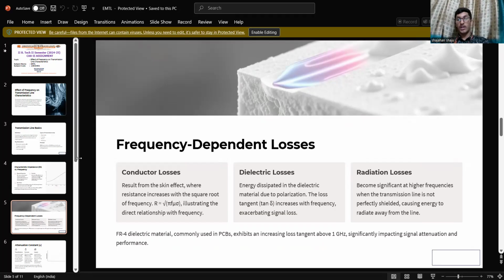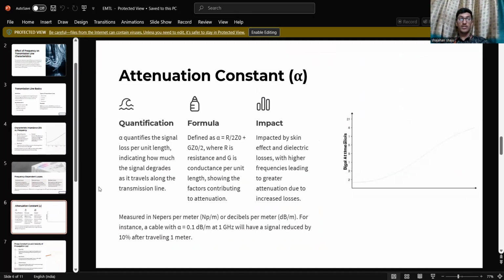Radiation losses become significant at higher frequencies when the transmission line is not perfectly shielded, causing energy to be radiated away from the line. FR4 dielectric material commonly used in PCBs exhibits an increasing loss tangent above 1 GHz, significantly affecting signal attenuation and performance.